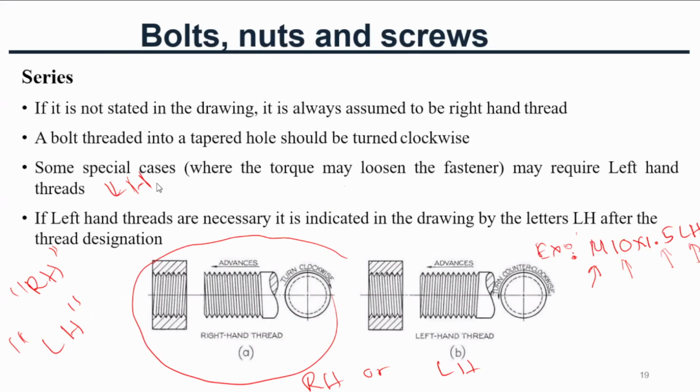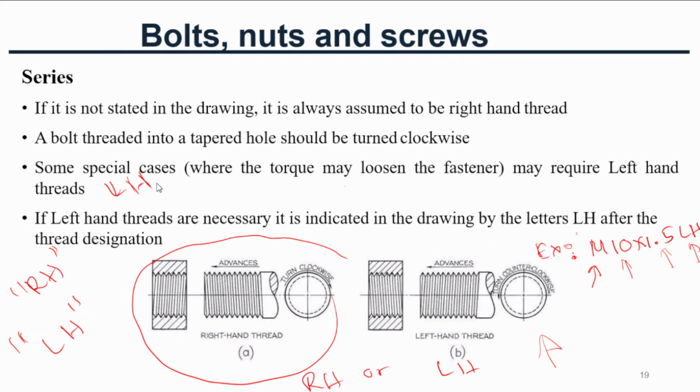So this thread is a left hand thread, that is what LH means. Actually, you always need to check the thread direction on the drawing before assembling your machine or machine parts.